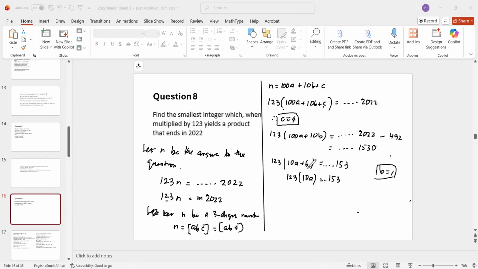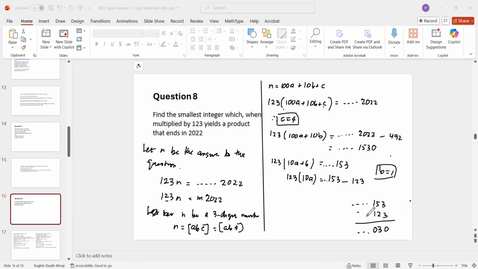Now you said b is equal to 1, right? So I can take this thing and put it to the other side, 123 times 1, as we did before. Now you have some number, 153, and you got 123 here. So this becomes 3. When you subtract, you have 3, and you have 0.